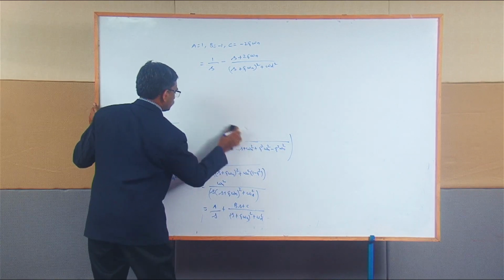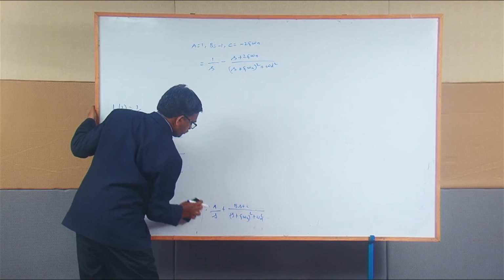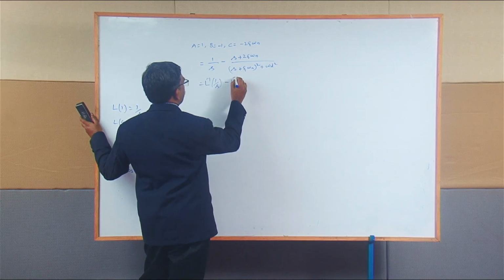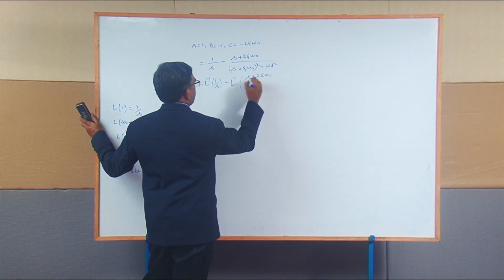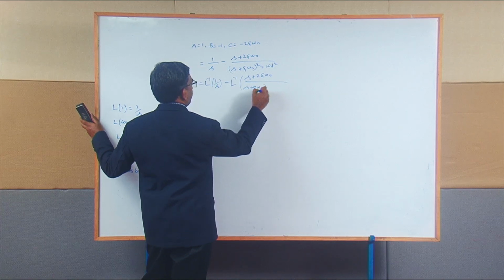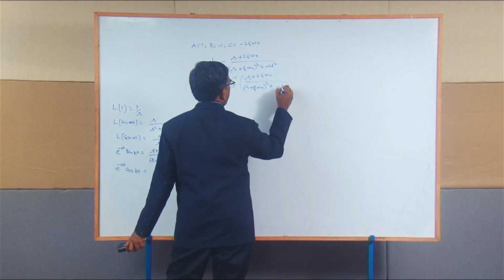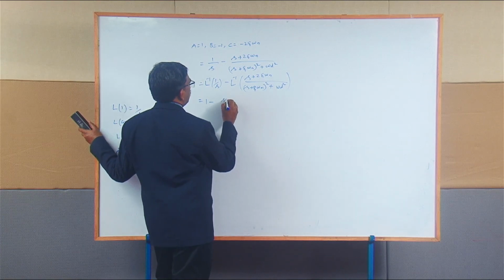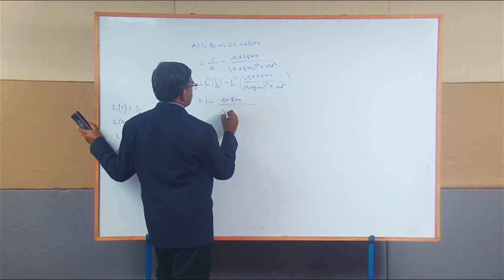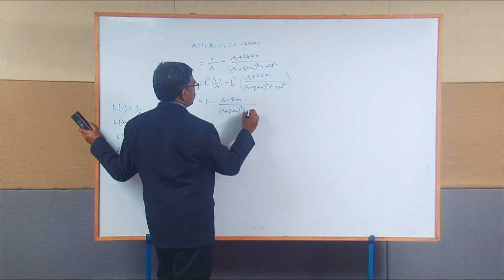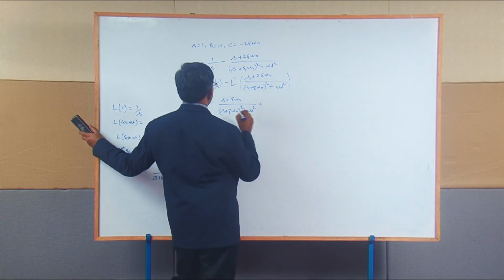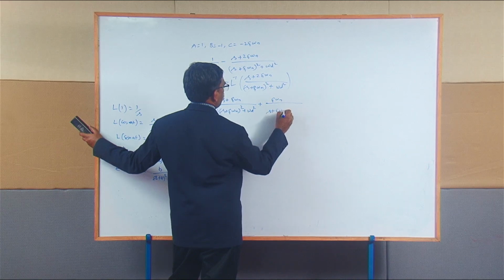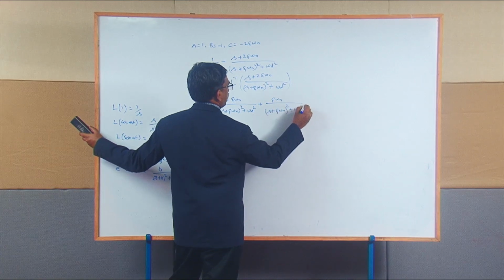If you take the inverse Laplace transform of this function, L inverse of 1 by s minus L inverse of (s plus 2 zeta omega n) divided by ((s plus zeta omega n) the whole square plus omega d square), this will be 1 minus (s plus zeta omega n) divided by ((s plus zeta omega n) the whole square plus omega d square) plus zeta omega n divided by ((s plus zeta omega n) the whole square plus omega d square).